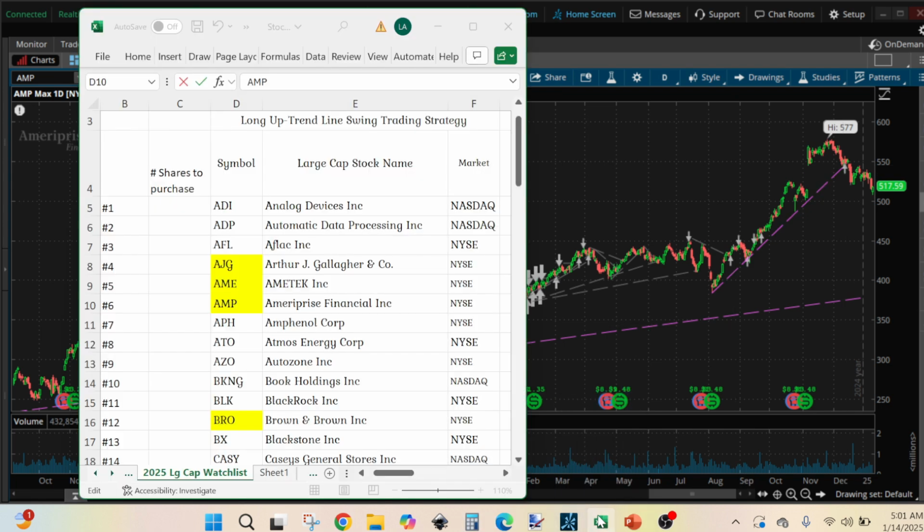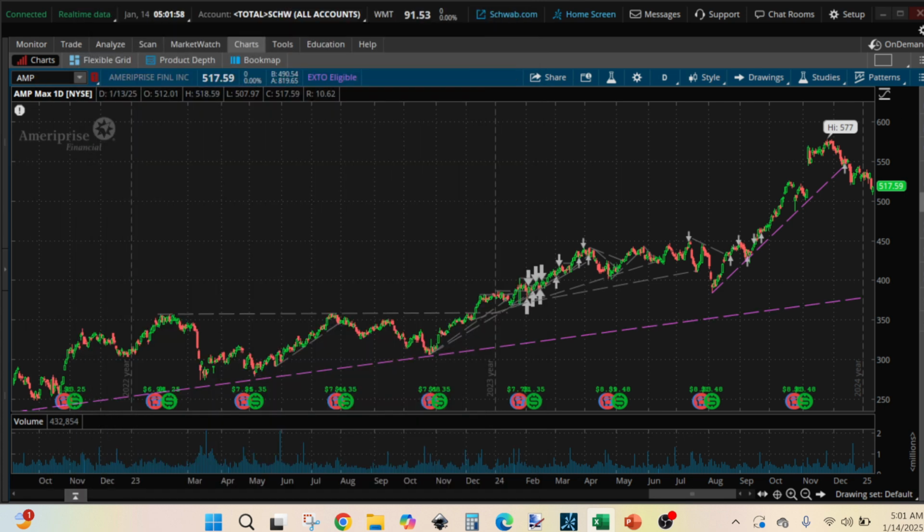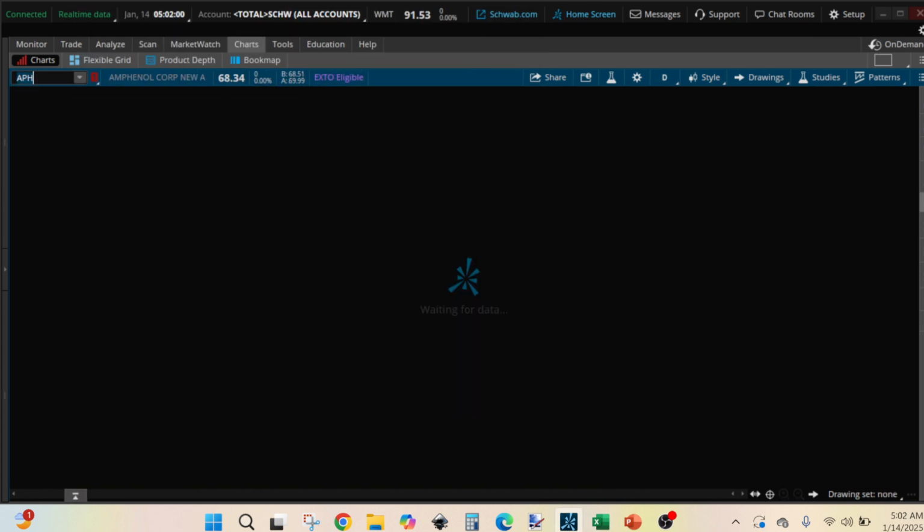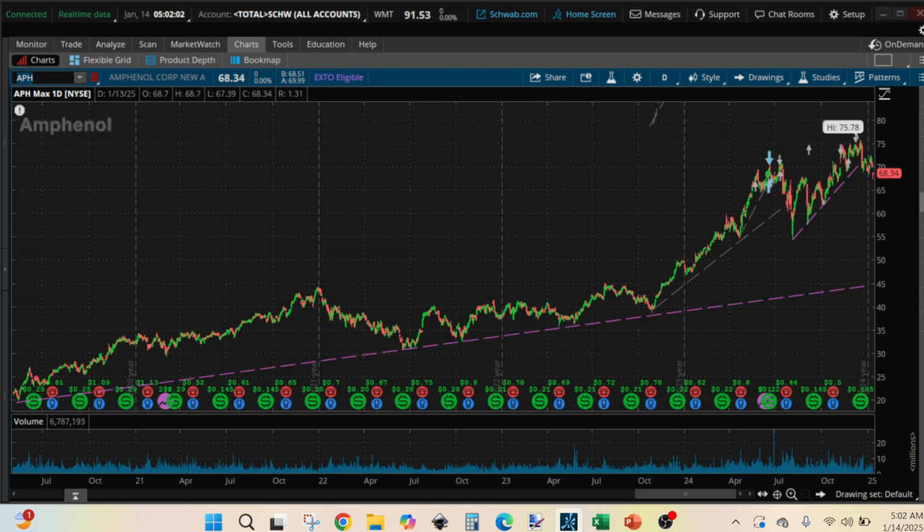So the stocks highlighted in yellow, or there is another color I'm using this year, kind of orangey color, those stocks mean we have them in our portfolio. The ones that are not highlighted are the ones that we do not have in our portfolio and we will buy if they reach a trend line for us.